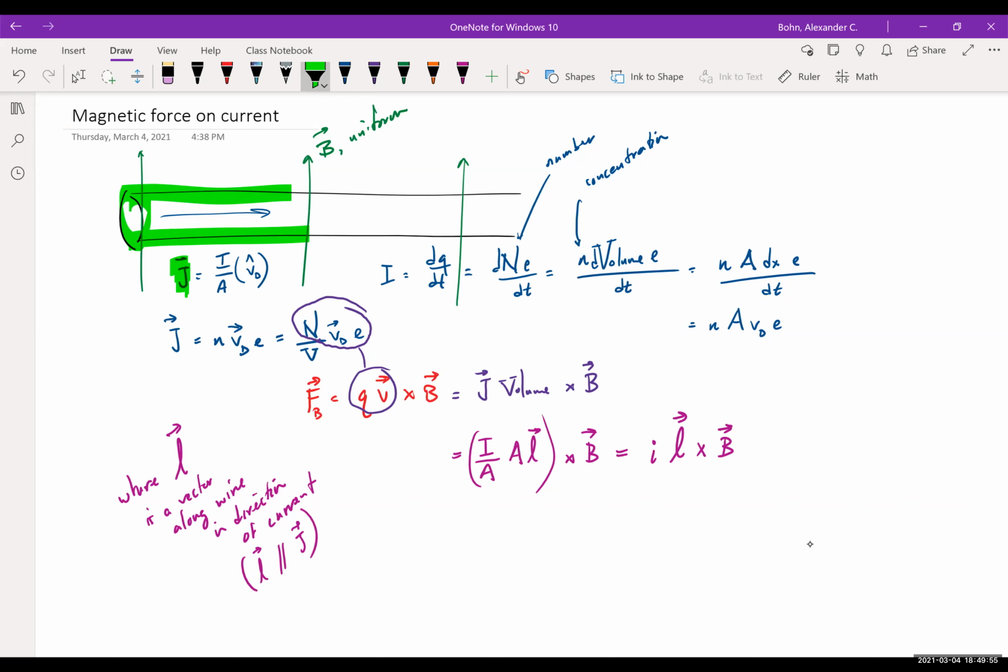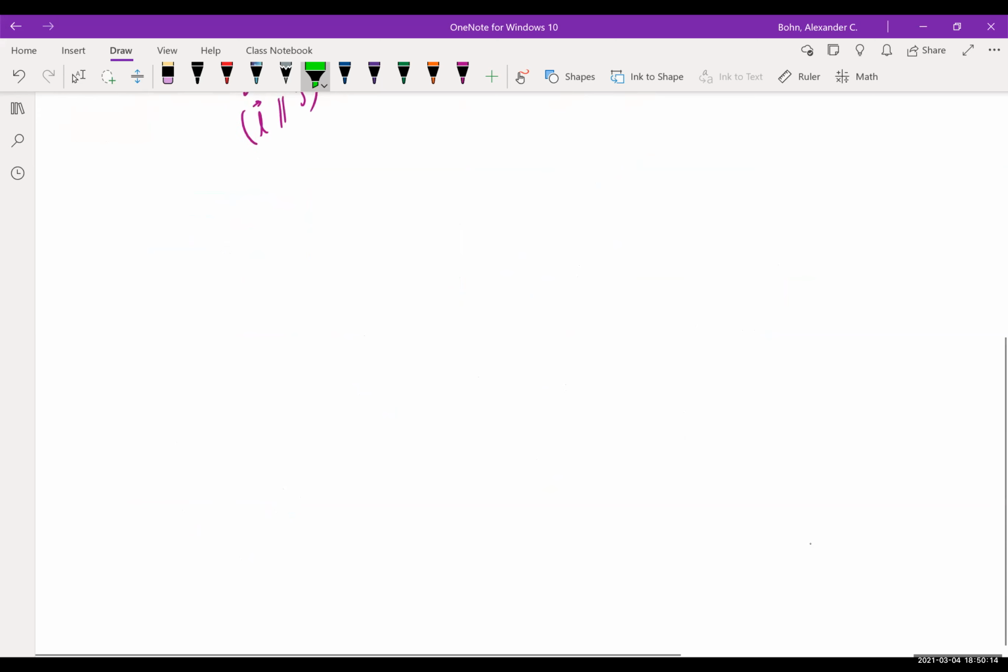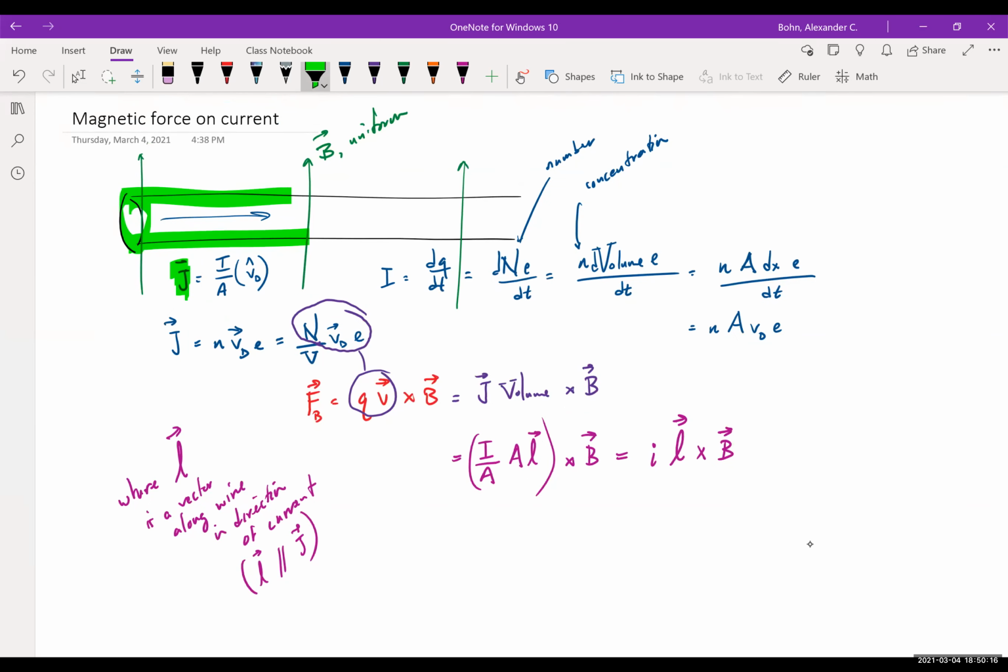We talked about current, and then we talked about a vector, current density, that talks about the charge per unit area that we're moving per unit time in what direction. And we said it's the current per area in the direction of the drift velocity.